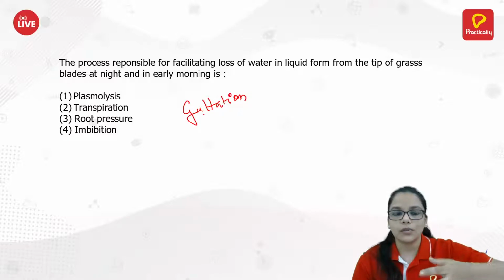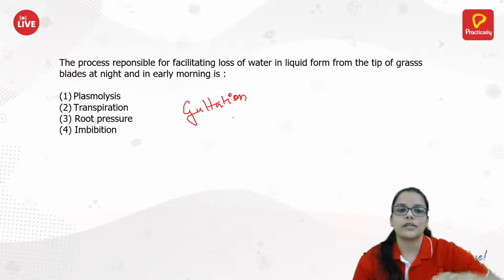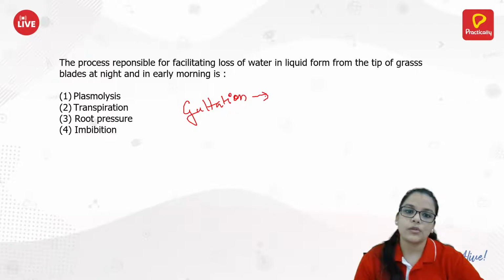What happens? The water comes out and it falls on the blades of grass, etc. Okay, this happens due to root pressure. Not plasmolysis or transpiration, it happens due to root pressure.